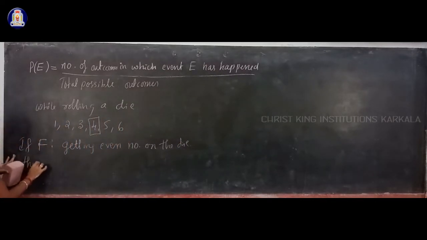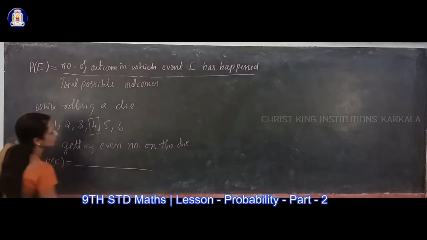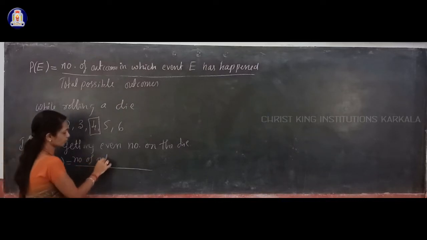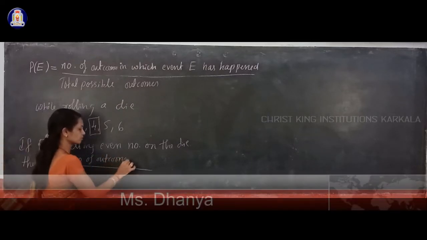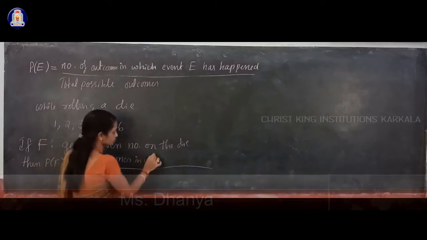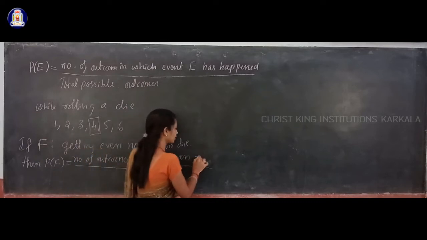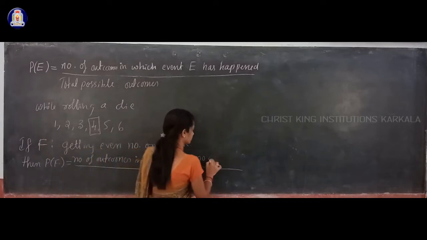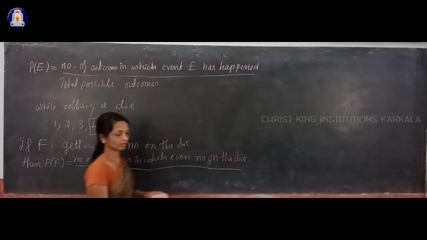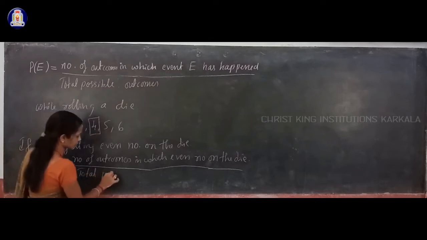So then P of F is equal to, how this formula changes: number of outcomes in which even number on the die, dividing by total possible outcomes.